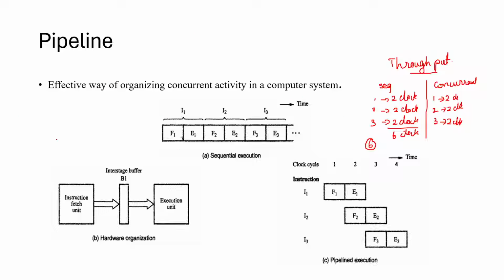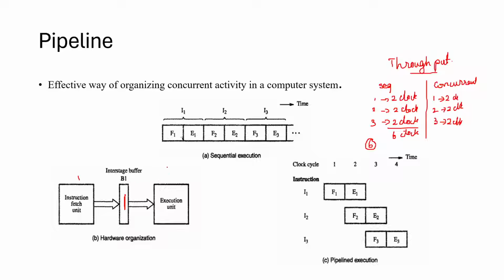Here is the hardware arrangement for concurrent execution. We have a separate hardware unit for instruction fetch and a separate hardware unit for instruction execution. Intermediately we have one buffer. The instruction which has been fetched in clock cycle 1 has to be stored in the buffer.